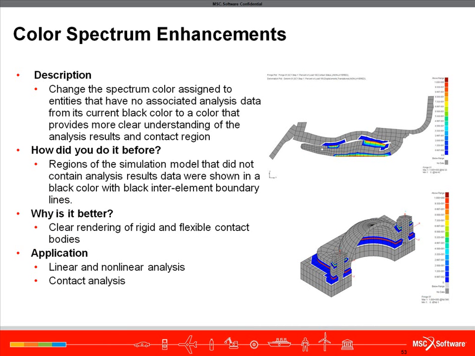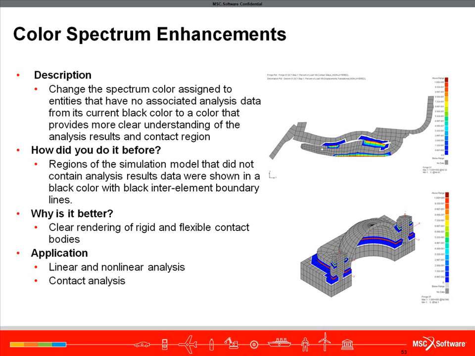Color spectrum enhancement. So previously, regions of the simulation that did not contain results data were shown in a black color, and it was very hard to see, especially with the black inter-element boundary lines.